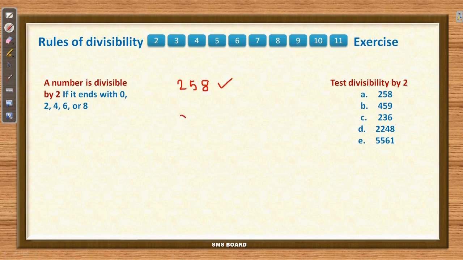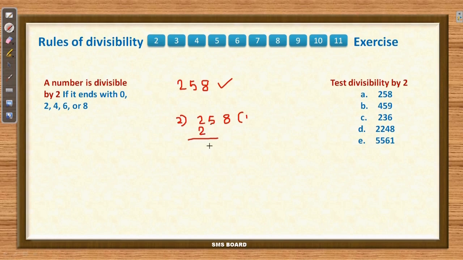Let us check that also. 258 divided by 2. Out of 2, 2 will go one time. So 2, remainder is 0, 2 minus 2 is 0.